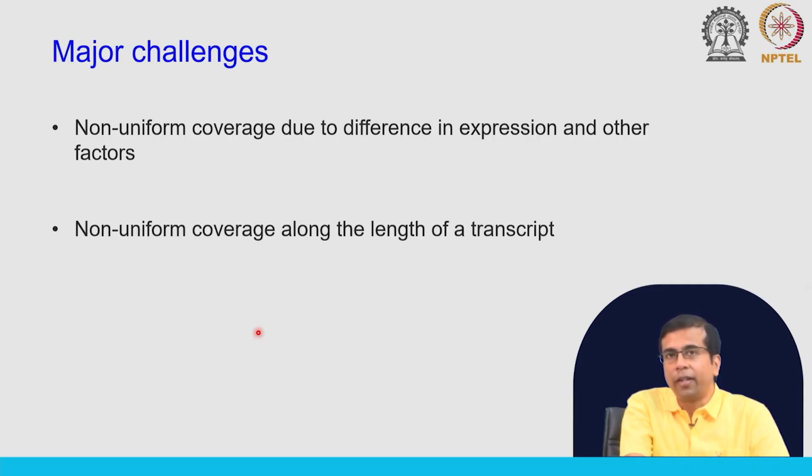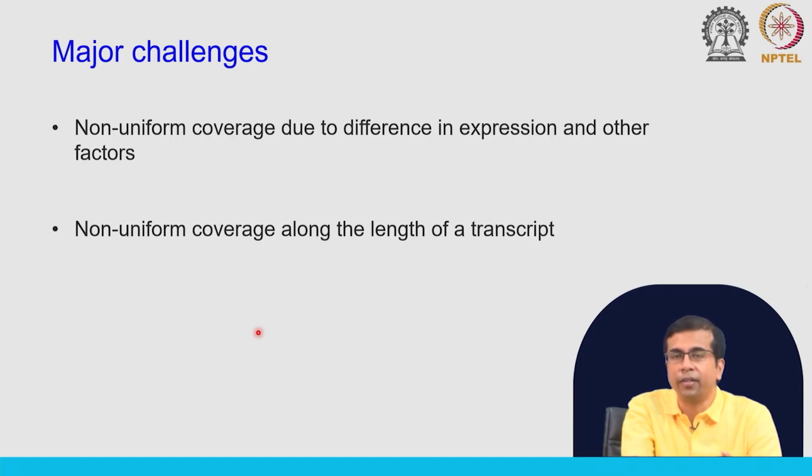In addition, you also have non-uniform coverage along the length of a transcript. When an mRNA is produced, there is a cDNA synthesis step, and there is amplification if you are going for Illumina, etc. All these processes lead to some sort of biases. We will have a detailed discussion of these biases in subsequent presentations, but it will be enough to know now that there is non-uniform coverage along the length of a transcript.